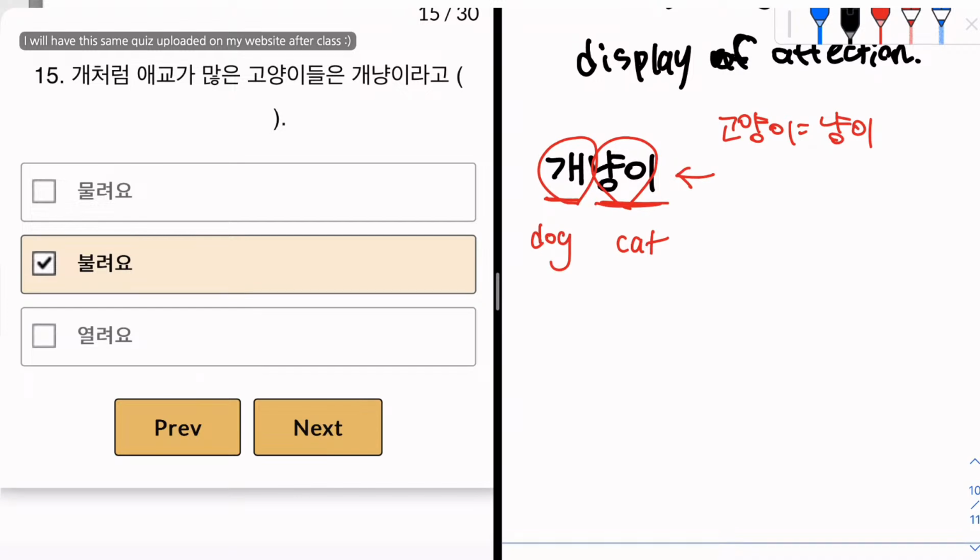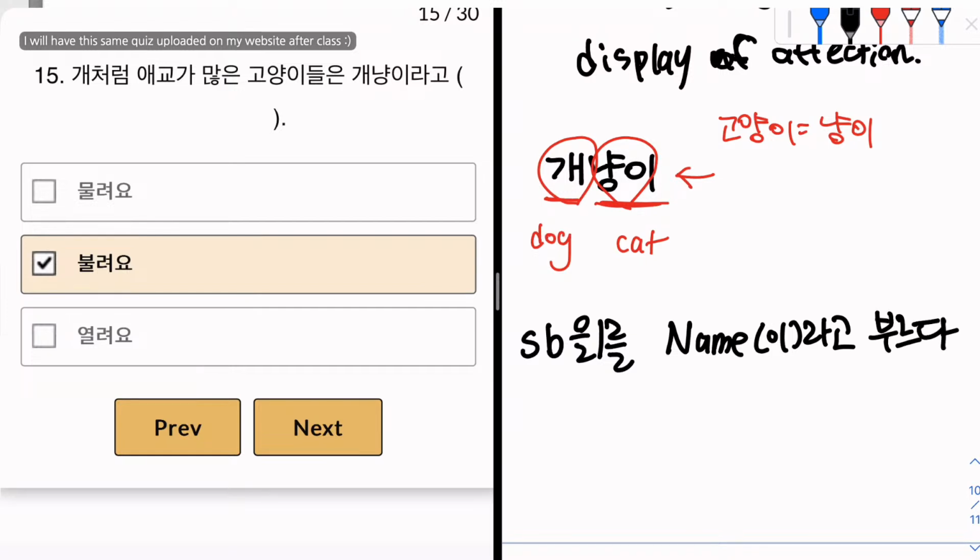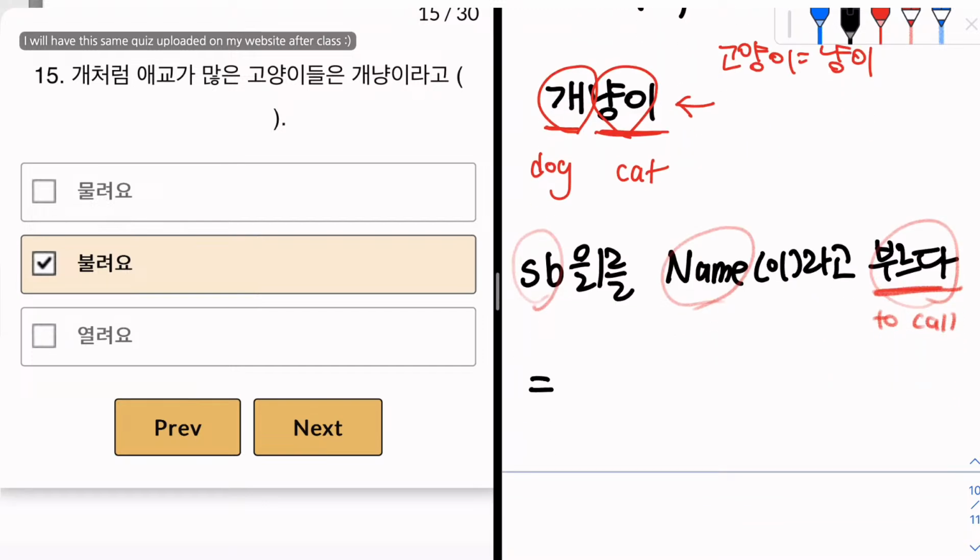Called. And we learned that if you say somebody를 name이라고 부르다, 부르다 is a transitive verb that means to call someone by a name. To call somebody by a name. And if you want to change it into a passive form, then somebody becomes the subject, so you can put it with one of the subject markers.